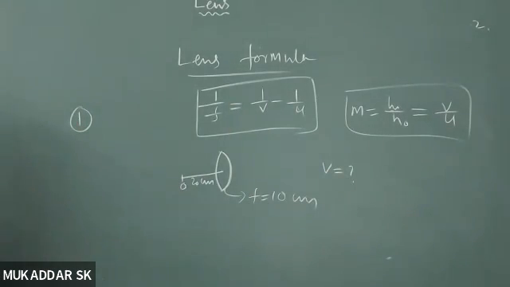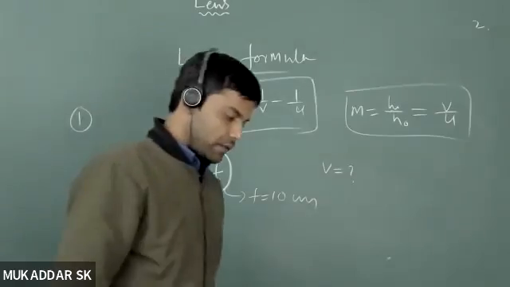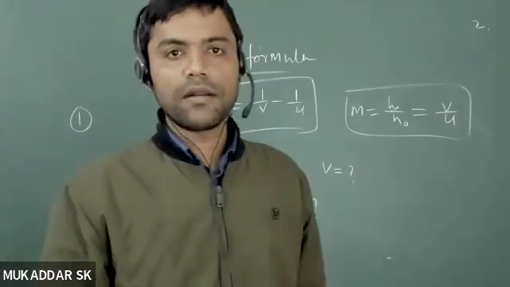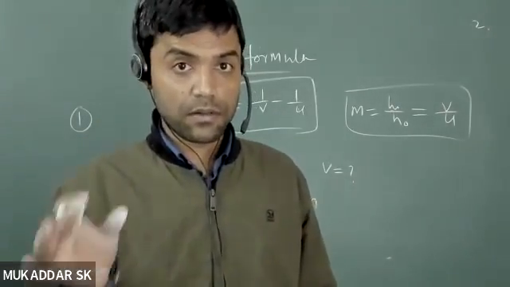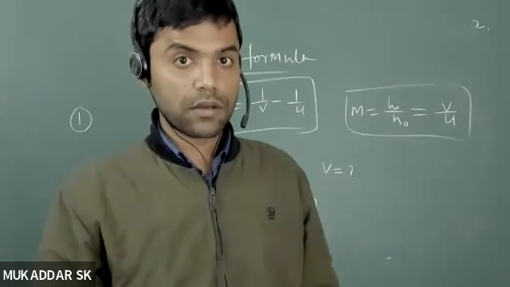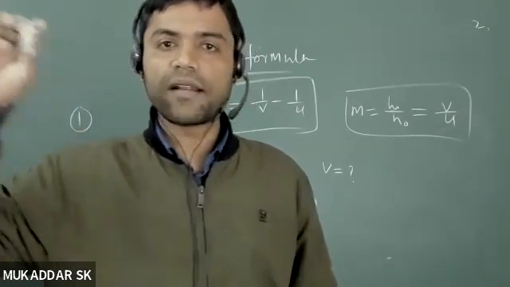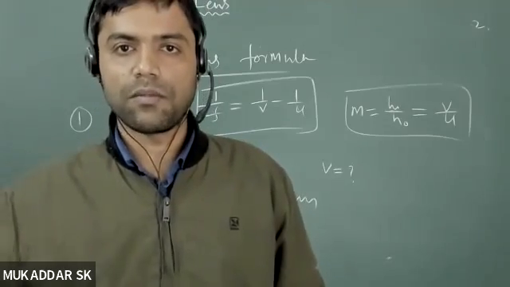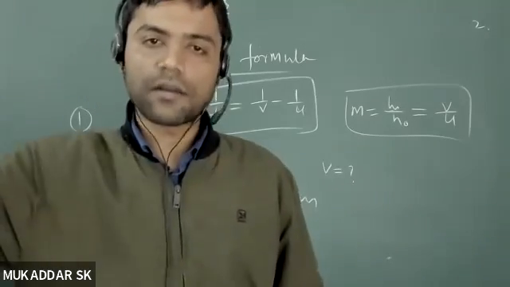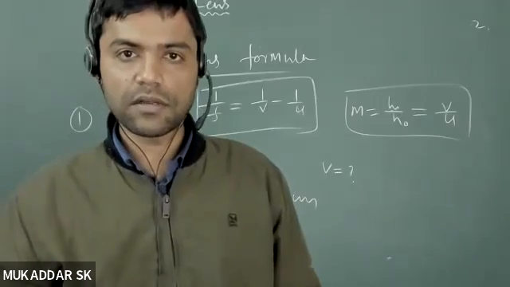So if you remember, for mirror, when U and V both are in same sign, then image will be what? That will be real image. Am I correct? अगर V भी आपको -30 सेंटीमीटर मिल रहा है, U आपका सपोज मान लो -15 सेंटीमीटर मिल रहा है, both are actually negative. और अगर सपोज मान लो both are positive, in that situation image will be what?